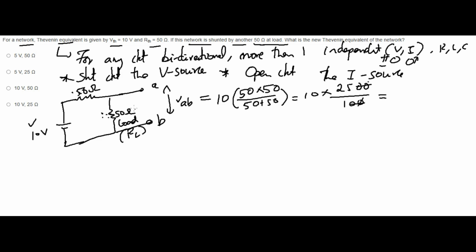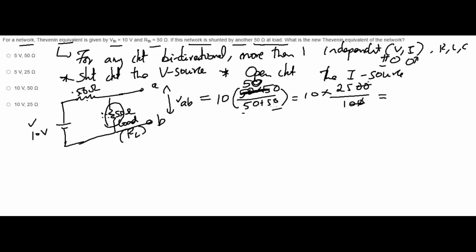For this 50 ohm, we should not take it as parallel. Listen here: for this, you have to add these two resistors, 50 plus 50. The voltage across this goes directly to this 50 ohm, so 50 divided by 50 plus 50, because of the R Thevenin 50.